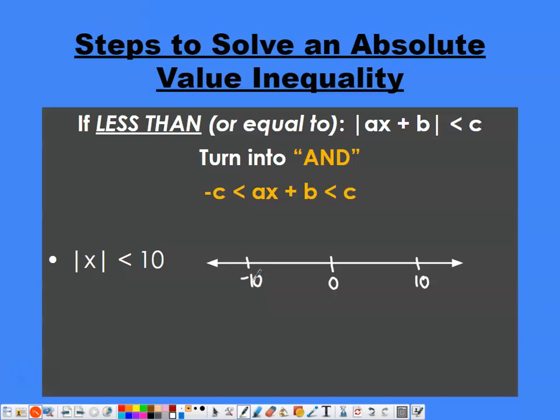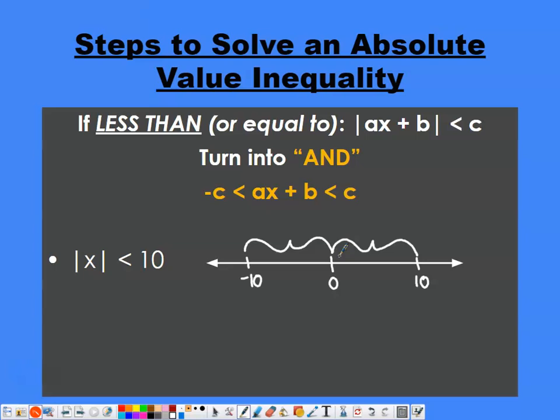So again, we are looking for what numbers are less than 10 units away from 0. Any of these numbers in here are less than 10 units away from 0, and same thing here. Any number within this region is also less than 10 units away.